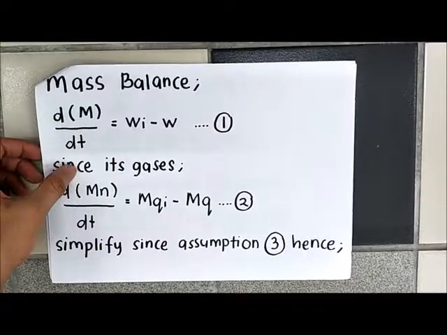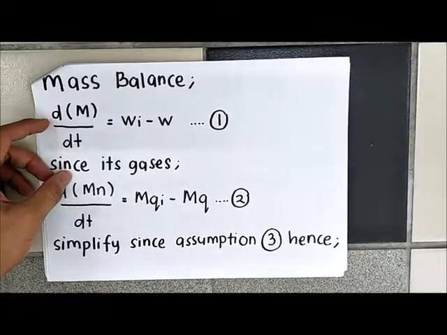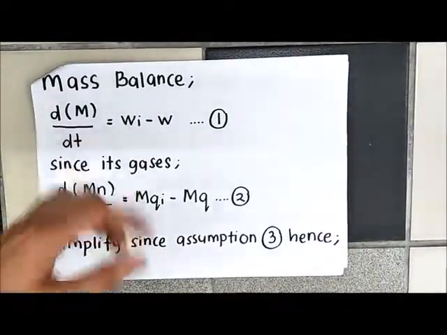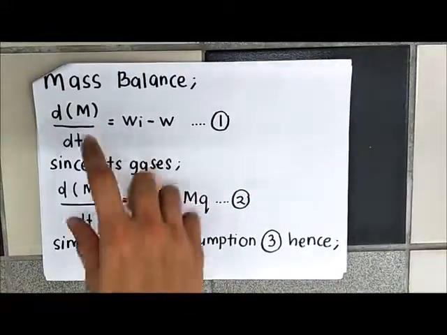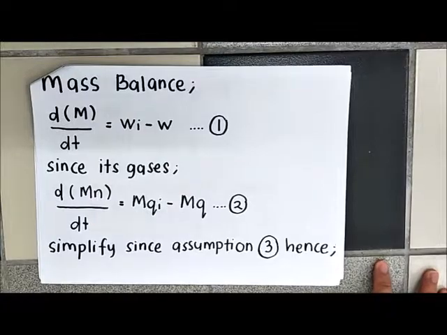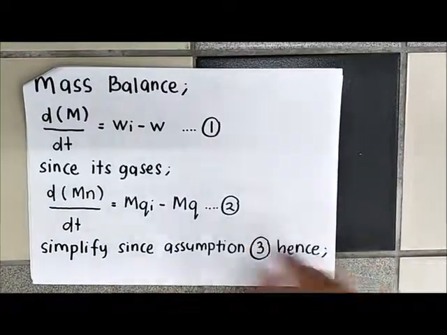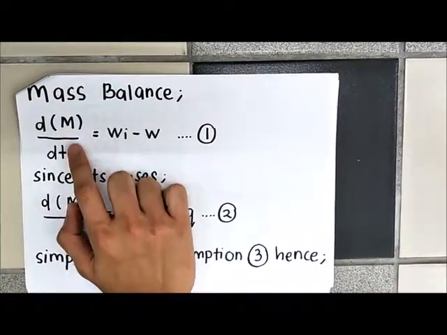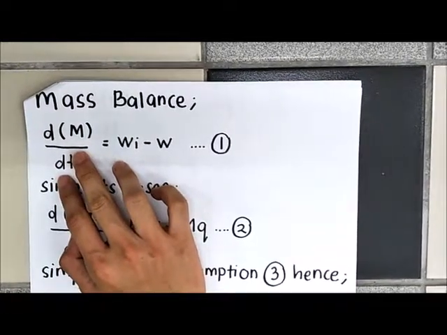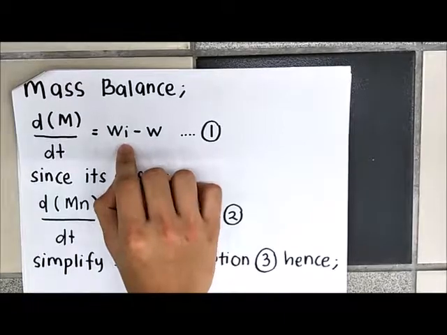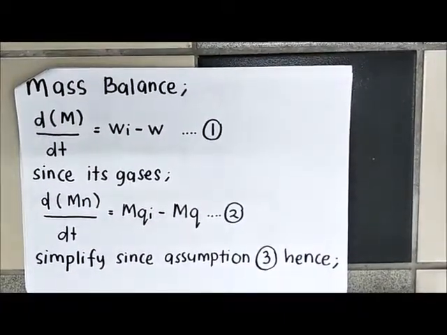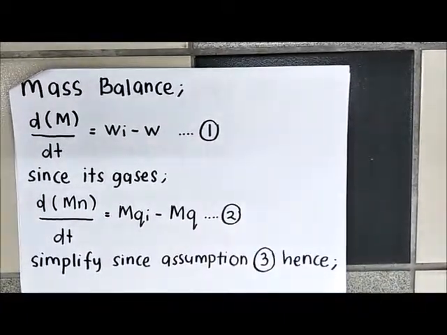So the general formula for mass balance is dm over dt equal to wi minus w. The m is the mass of the gas, equal to the mass flow rate of the inlet minus the mass flow rate of the outlet.